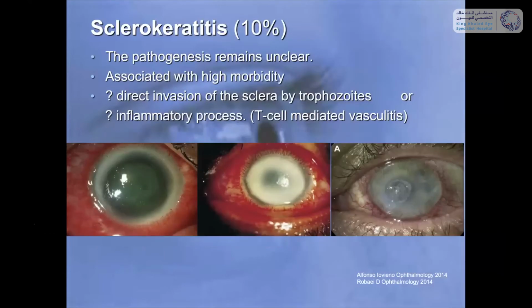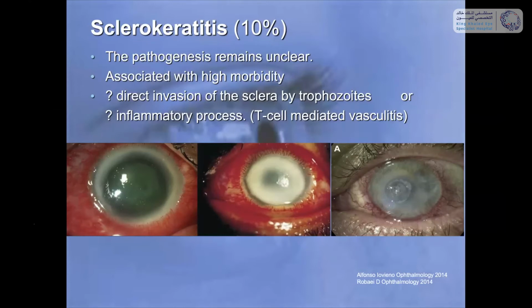One entity which occurs in 10% of these cases is sclerokeratitis. The pathogenesis of this entity is unclear, but when it occurs, it is associated with high morbidity. Usually these are severe cases, and most of these eyes are difficult to manage and might be lost.